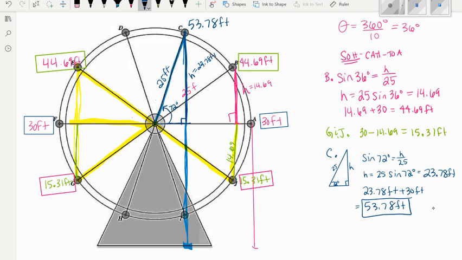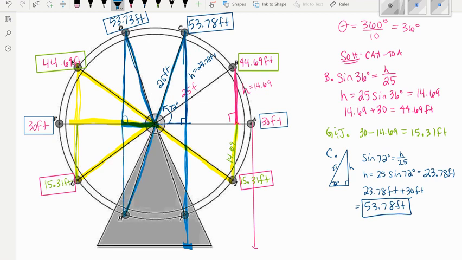And again, just like the other triangles, we have symmetry with D. C and D are using the same triangle, so those are going to be at the same height, 53.78 feet.